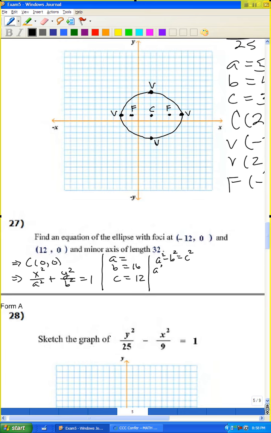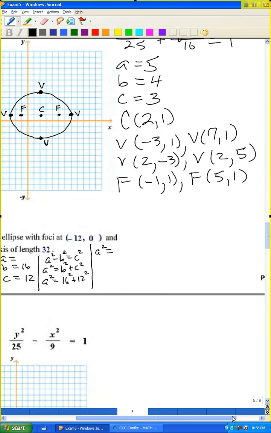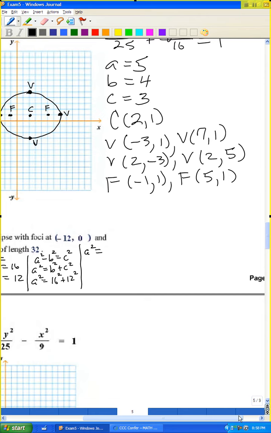And so A squared is equal to B squared plus C squared, which equals 16 squared plus 12 squared. So 16 squared is 256 and 12 squared is 144, which gives you 400.